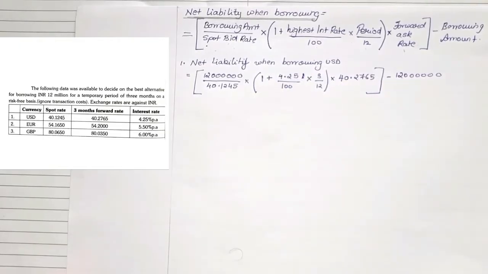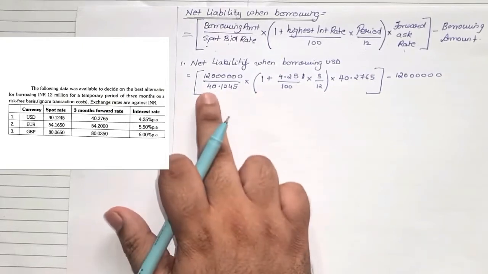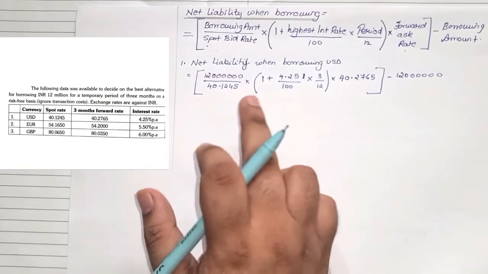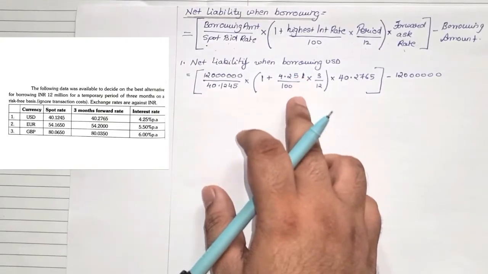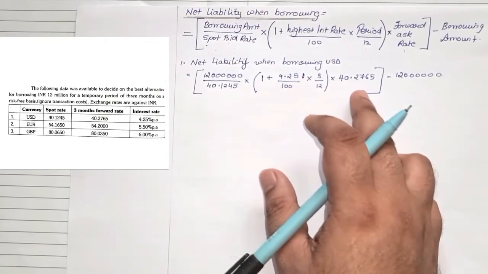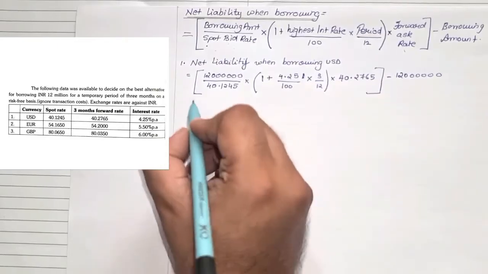So we have 1 crore 20 lakh upon 40.1245 into 1 plus 4.25 upon 100 into 3 divided by 12 into 40.2765 minus 1 crore 20 lakh.